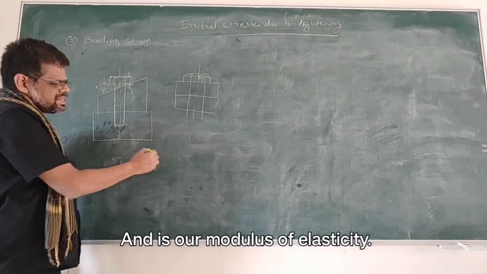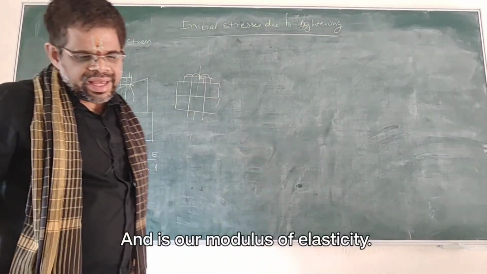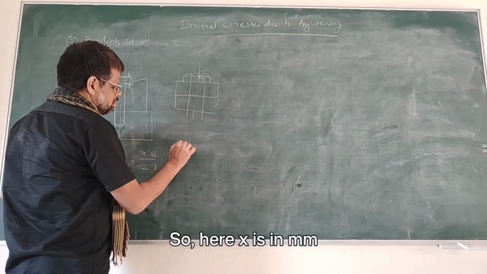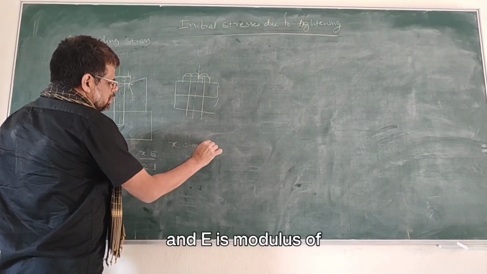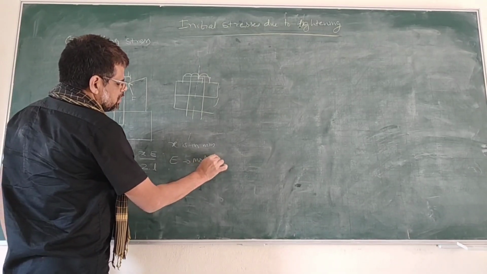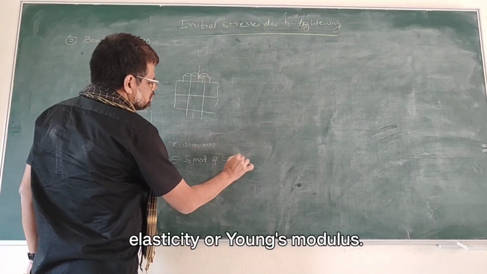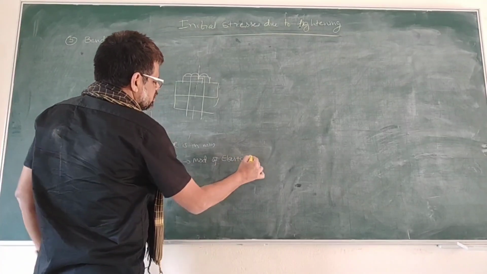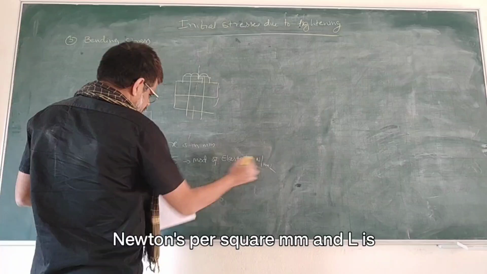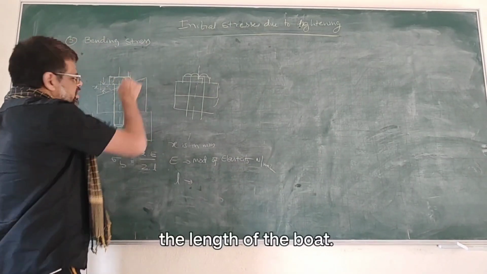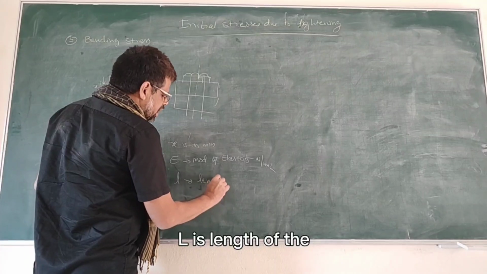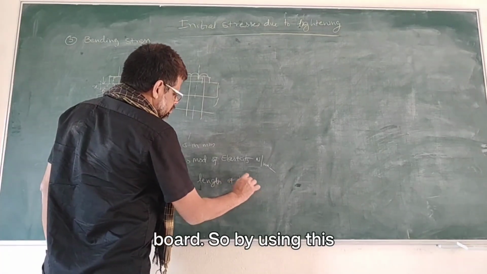And E is our modulus of elasticity or Young's modulus. So this is in newtons per square mm, and L is the length of the bolt.